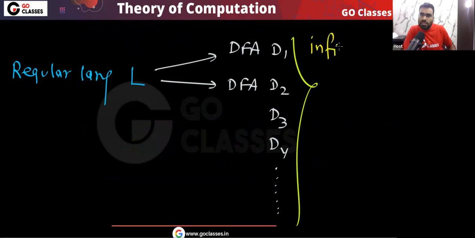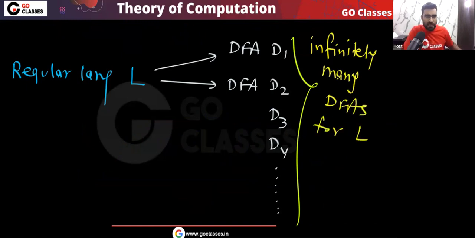So you can see there are infinitely many DFAs. I can create infinitely many DFAs for this language L. But the interesting question is which of them has the minimum number of states?